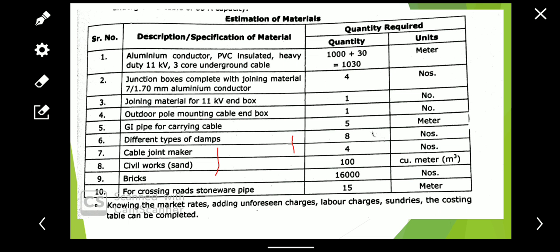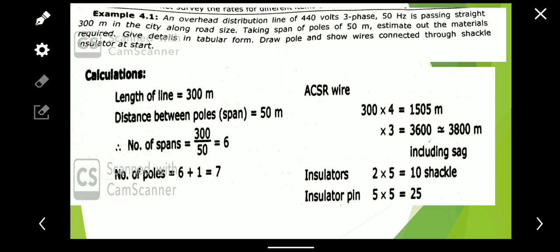Then civil work sand, that means 100 cubic meter. Then bricks 16000 numbers. Then crossing road stone pipe is 15 meters. So knowing the market rate, adding unforeseen charges, labor charges, sundry, the costing table can be completed.